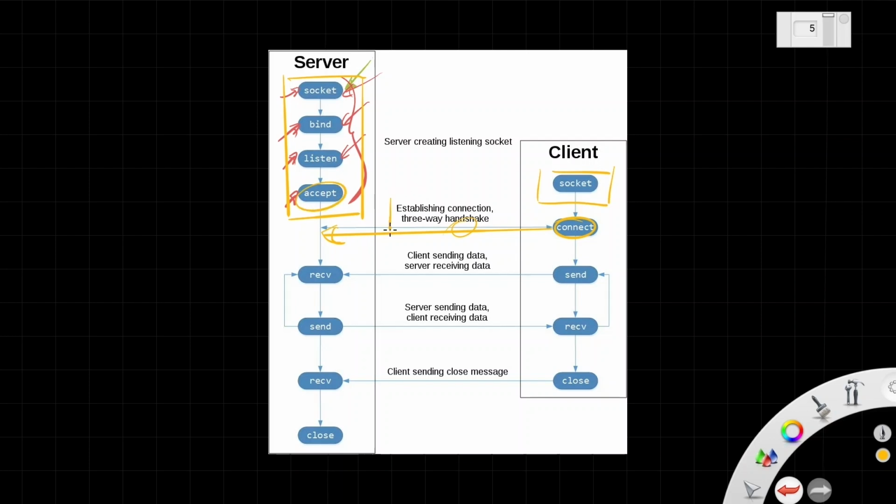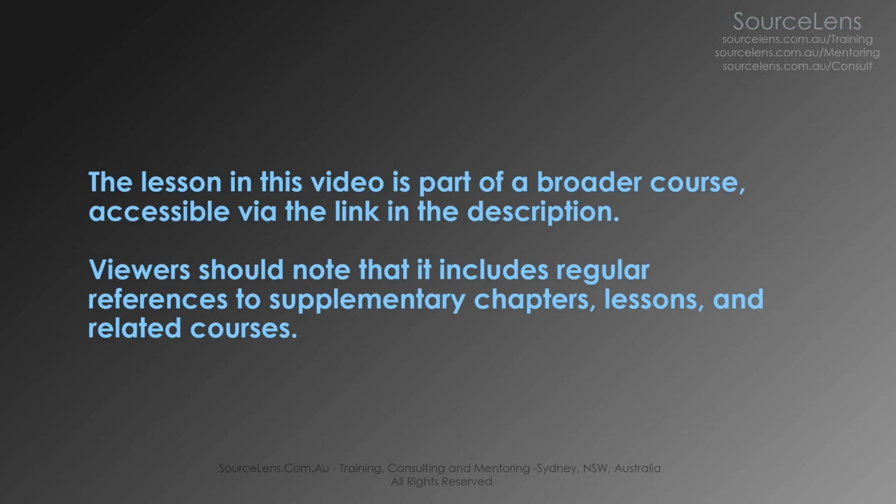Now, once the server receives that packet, something called a three-way handshake happens between client and server. The client sends a packet, then the server responds, then again the client also responds. We will see that in detail in the Wireshark session, which is coming up. But this connect is all about a three-way handshake.